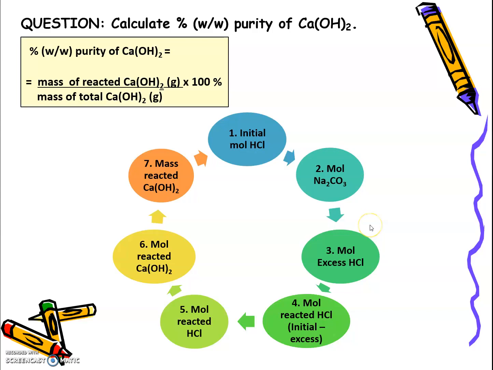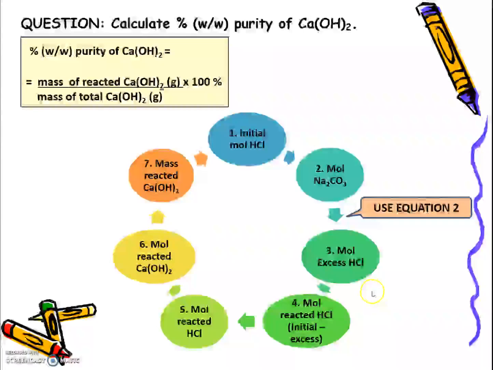Okay, to find mole of excess acid, here compare equation 2 to find number of mole of acid. Next, after you determine initial mole and excess mole acid, now to find number of mole reacted HCl, initial mole HCl minus excess mole HCl. Then we will get number of mole reacted HCl.